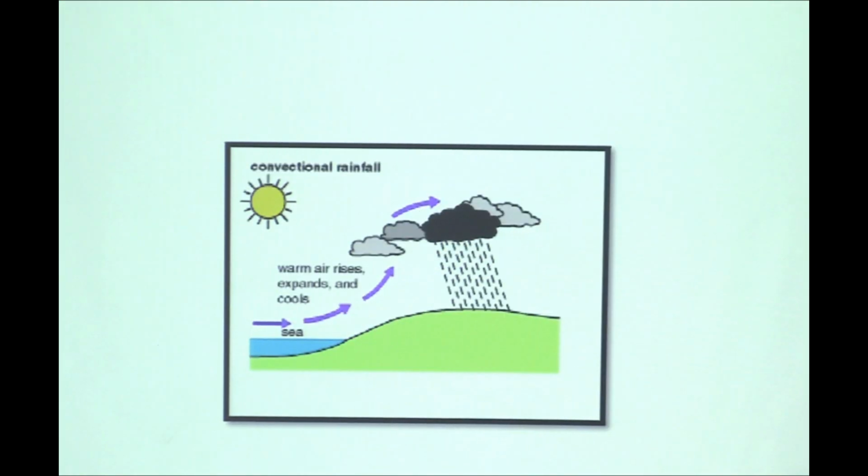And we can also have convectional precipitation, as in warm air is subjected to rise, it is rising on its own and is leading to precipitation. Convectional precipitation can develop thunderstorms.